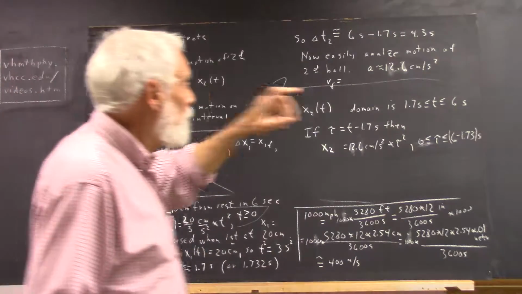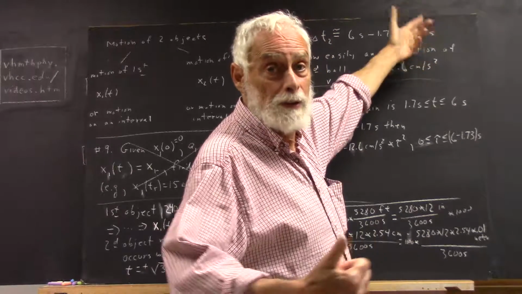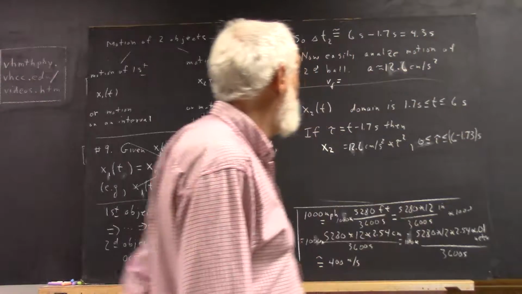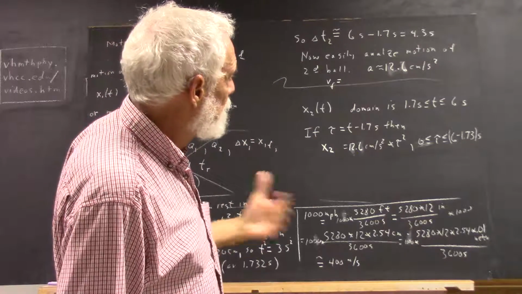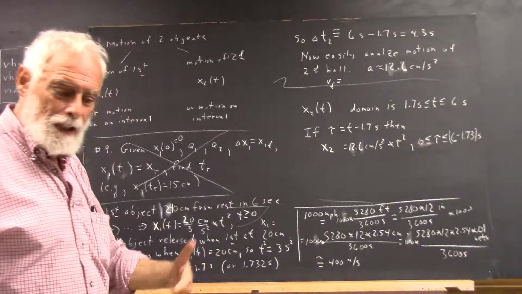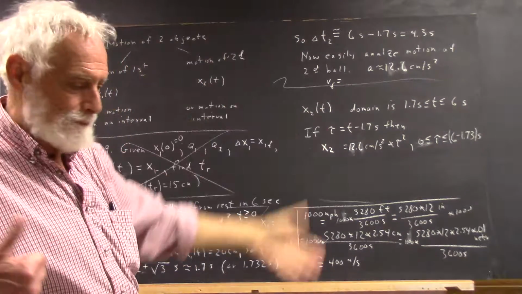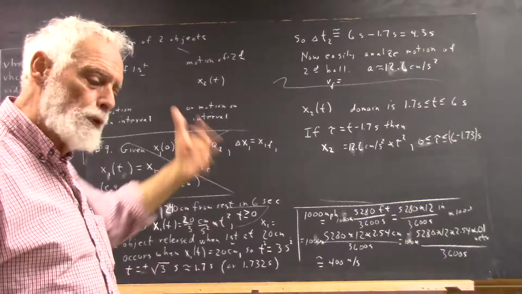It would average 60 centimeters per second. Okay, well, 4.3 is what? It's about 7.5% more than 4. So the average velocity will be 7.5% less than what I just said. 7.5% of 60 is 4.5.